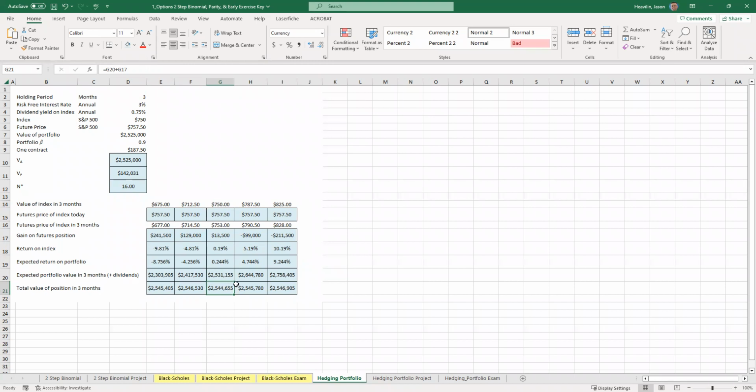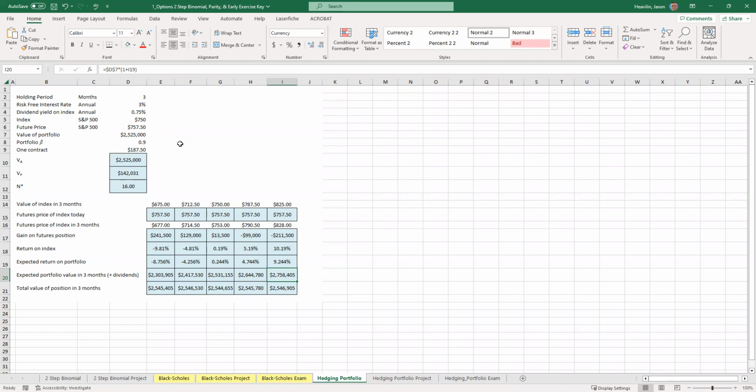Now, here's where the sacrifice comes in. If the value of the index in 3 months were to start going up, because of the hedge you have, you're going to lose money on the hedge. That's why those negatives here. Then we calculate. These two are the numbers you would have had if you did not hedge.